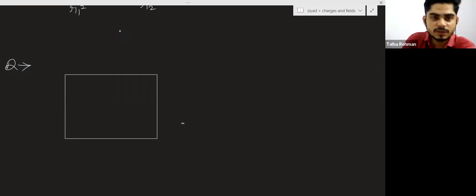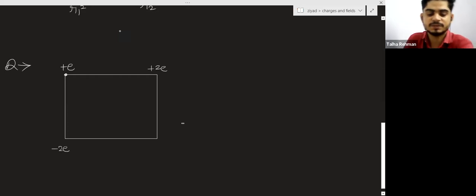So suppose here a plus E charge is placed, and here a plus 2E charge is placed. Here a minus 2E charge is placed, and at this point a minus E charge is placed.